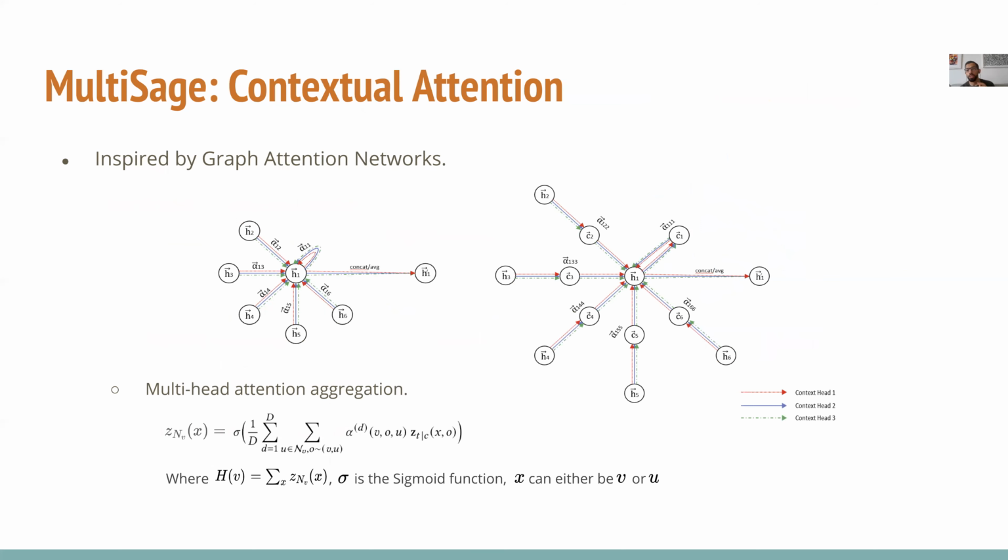So after they contextualize the node embedding, the target node's embedding, here comes the model itself, and they base their work on the graph attention network.